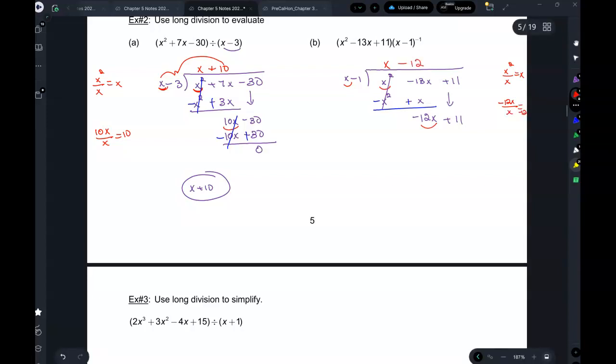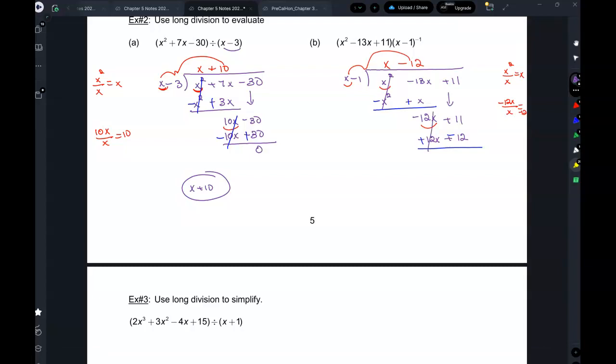That goes up there. Multiply everything by that. So we get negative 12x, positive 12. Draw the line, change the sign, and combine. Negative 12x, positive 12x. This first term is always going to go away.